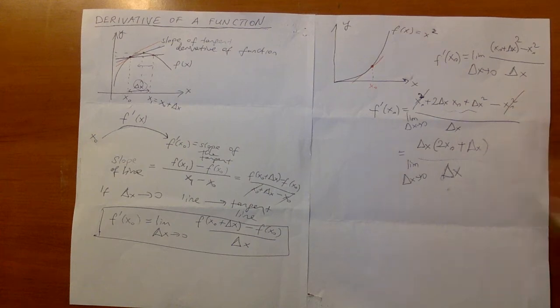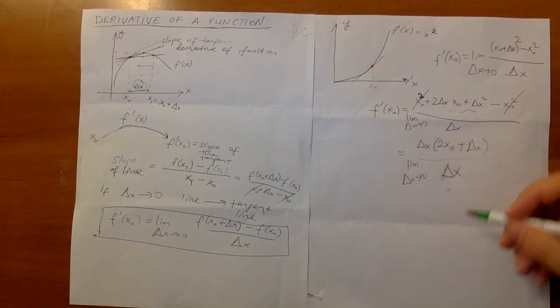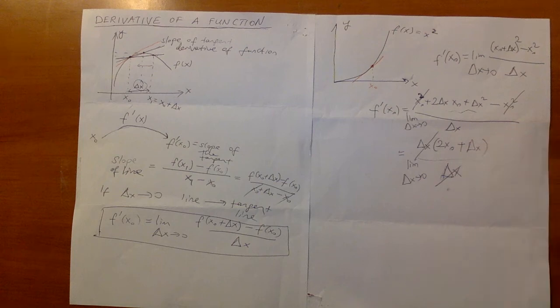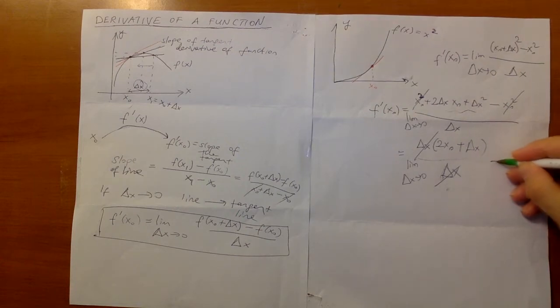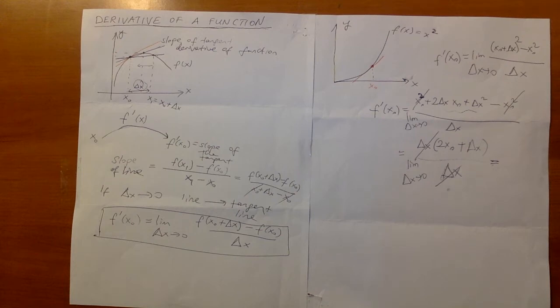So you can simplify this expression by canceling the delta x terms. Here you assume that delta x is very close to 0 but not 0, so you're allowed to cancel them because you can assume it as non-zero.